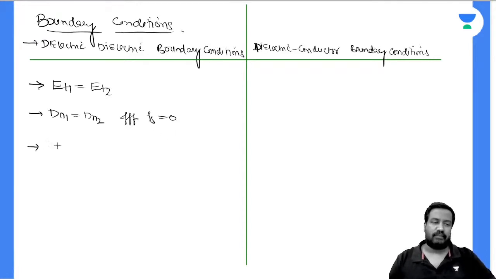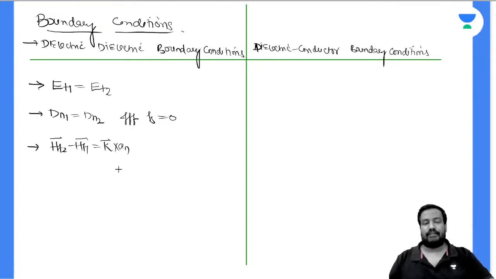Third one, HT2 minus HT1 vector form is equal to K cross AN. Scalar form, HT2 minus HT1 is equal to K. Boundary condition, HT1 is equal to HT2 if and only if K is 0.